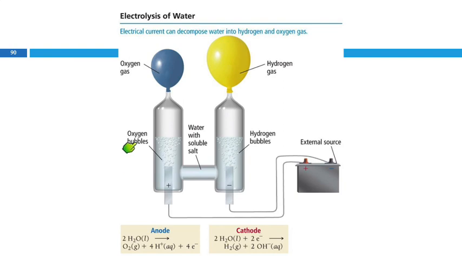So this is an illustration of the electrolysis of water. We've got an anode and a cathode, and here we've hooked the battery up to cause the electrons to go in the opposite direction. So we're going to form oxygen bubbles over here and hydrogen bubbles over there, and if you attach balloons, you would see that you're getting twice as much hydrogen as you get oxygen.